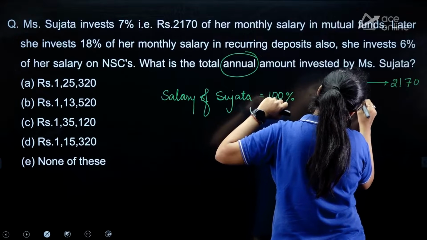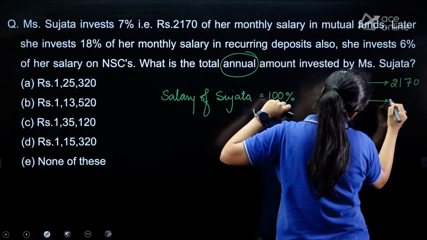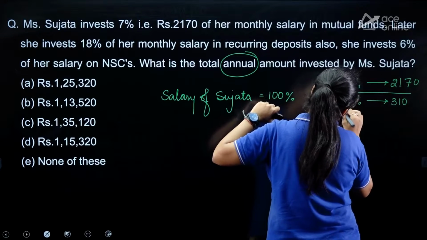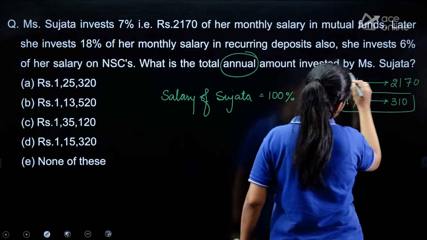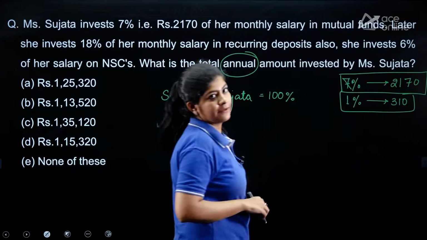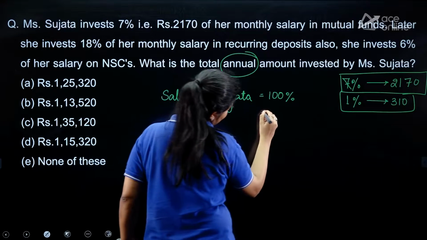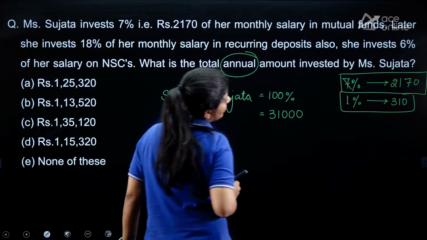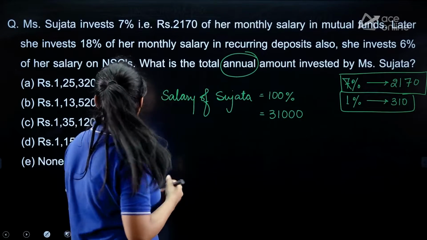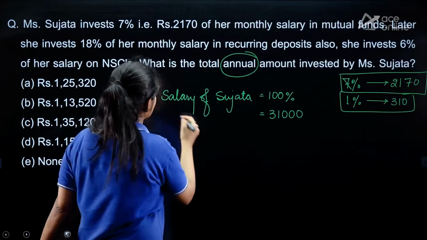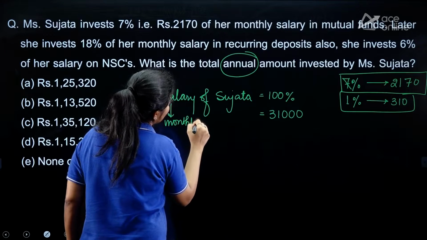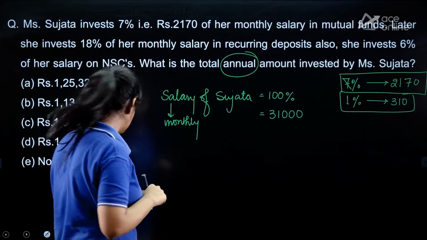That means 1% is equal to 310. The value of 1% is nothing but 310. That means the total salary is nothing but 31,000. That means the monthly salary of Sujata is 31,000.